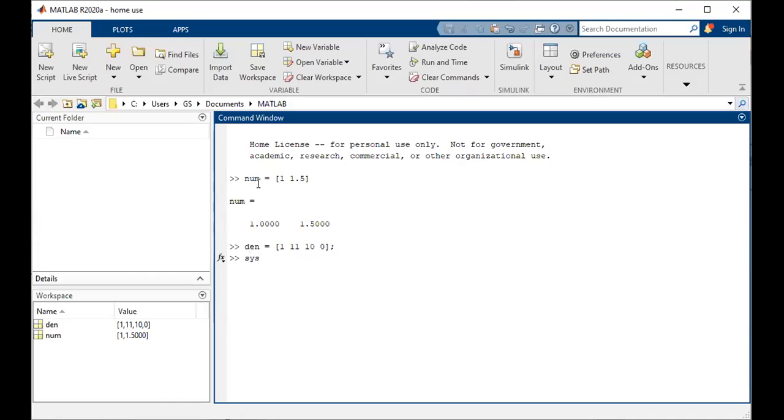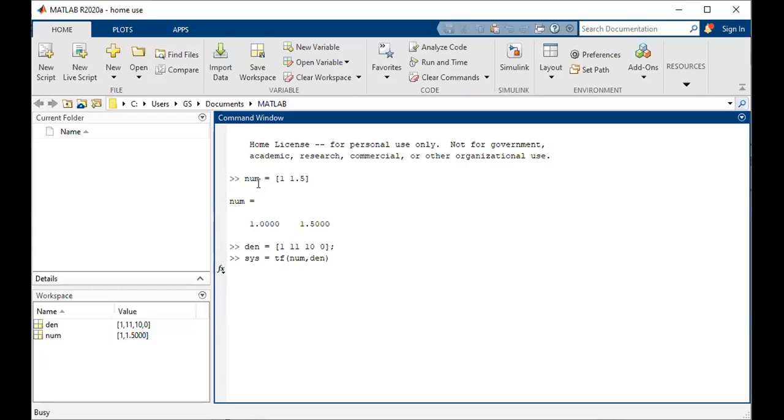Our system is going to be a transfer function of num and den. You can use convolution as well. I just prefer to multiply and then find the numerator and denominator, but convolution can also give you the polynomial.